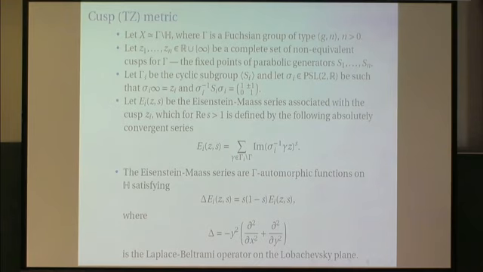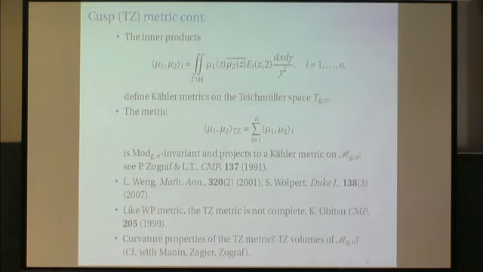Note that when S equals 2, each term in this series is positive. Therefore, this is strictly positive. And therefore, these inner products define Hermitian metrics on the Teichmüller space. Now, it's a Teichmüller space because we fix the puncture with number I. The I-th puncture is fixed.